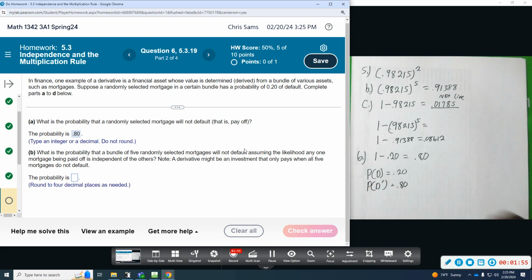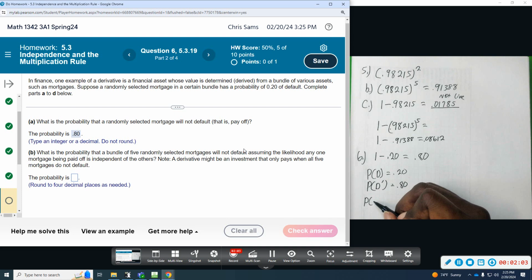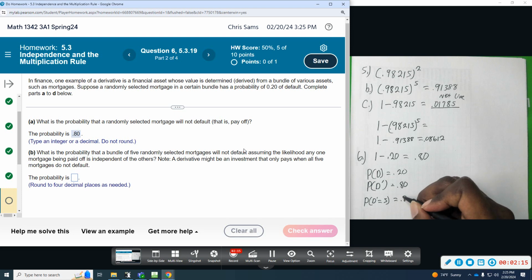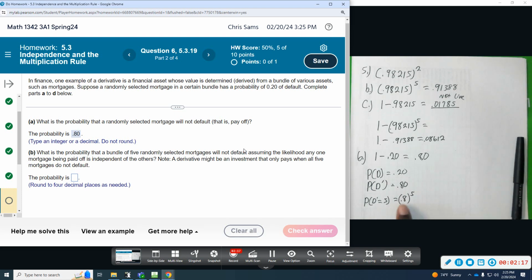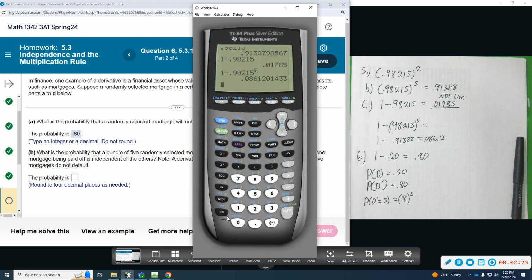Being independent, the probability is going to be 0.8 raised to the 5th power, or 0.80 times itself 5 times. If I do 0.8 raised to the 5th, that gives me 0.3277 when we round to 4 decimal places.